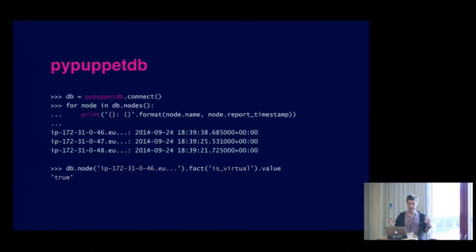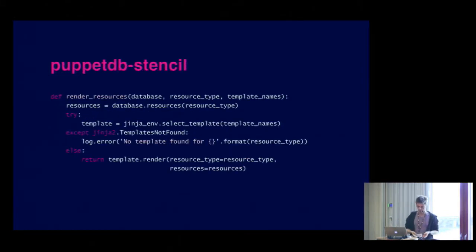Now, if you actually have to generate different files, like you start templating out resources, essentially we're starting to rebuild Puppet in Python. So we combined those two in something that we call PuppetDB Stencil. It's essentially a combination of PyPuppetDB and Jinja. Jinja is a very nice templating language that the guys from Pocoo developed.